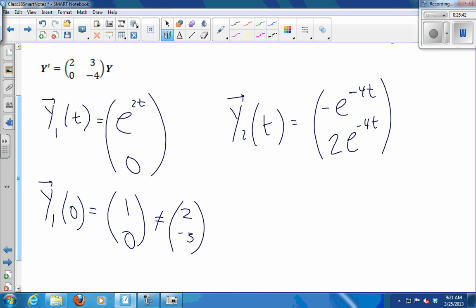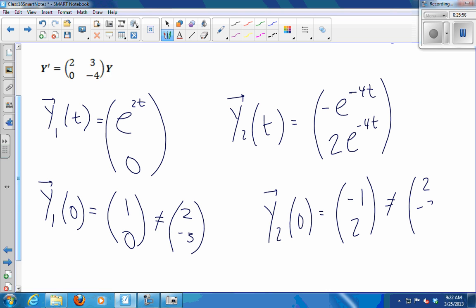So y1 is not the solution that satisfies the given initial condition. y2 of 0 would be -1, 2, which is not 2, -3. So neither of the two solutions I was given or found a couple weeks ago satisfies this initial condition.